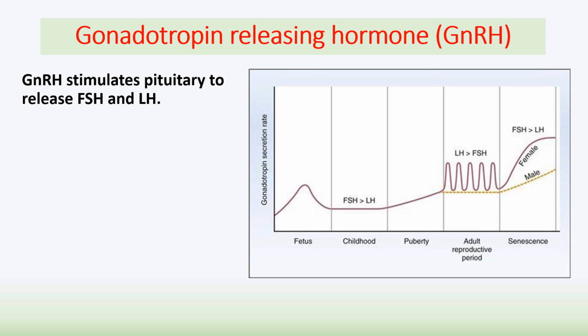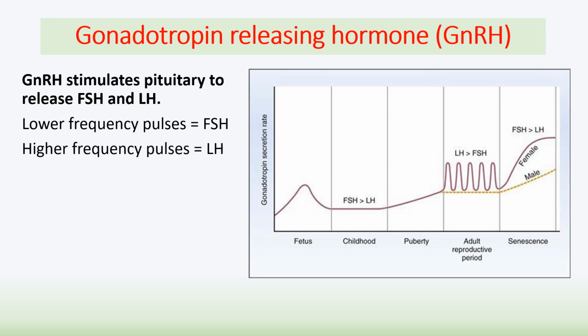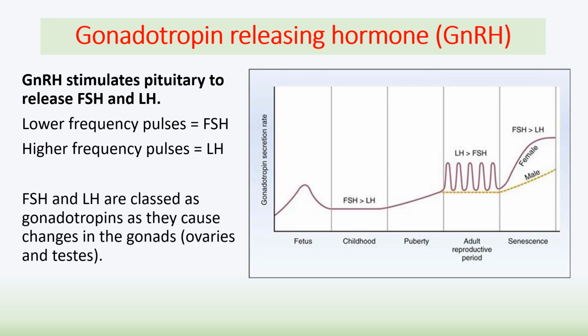So as I said, it's released from the hypothalamus and travels to the pituitary, where it releases two of the hormones you're probably familiar with from GCSE, follicle stimulating hormone, or FSH, and LH, luteinizing hormone. If you get lower frequency pulses of gonadotrophin releasing hormone, you release FSH, and in high frequency pulses you release LH. They are both classified as gonadotrophins because they cause changes in the gonads, which is the ovaries and testes, in other words, your reproductive organs.